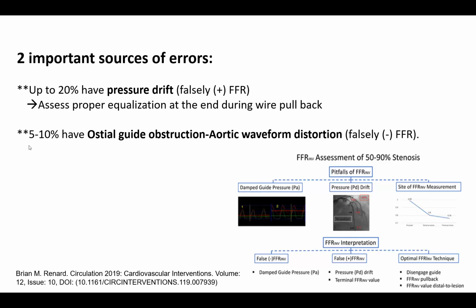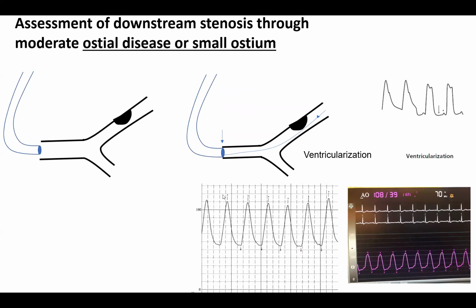Okay, that's one idea. The second idea is extremely common and misunderstood: ostial guide obstruction, aortic waveform distortion, which can create a falsely negative FFR. So I'll elaborate on this. Imagine you're assessing this LAD stenosis in a patient with small left main, not an obstructive left main, but a small left main with moderate disease.